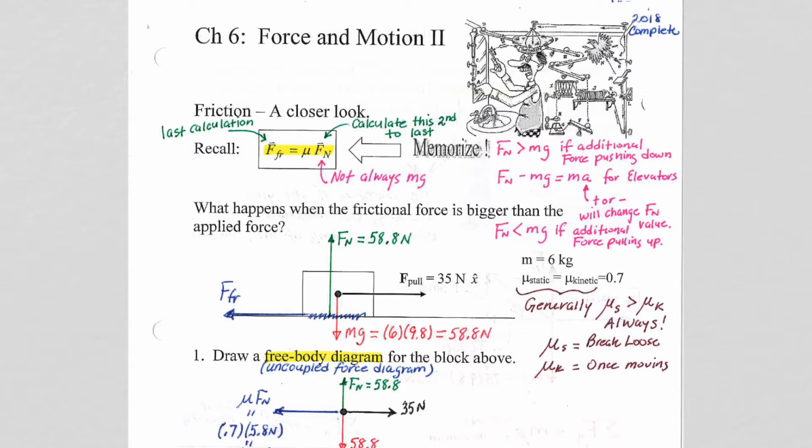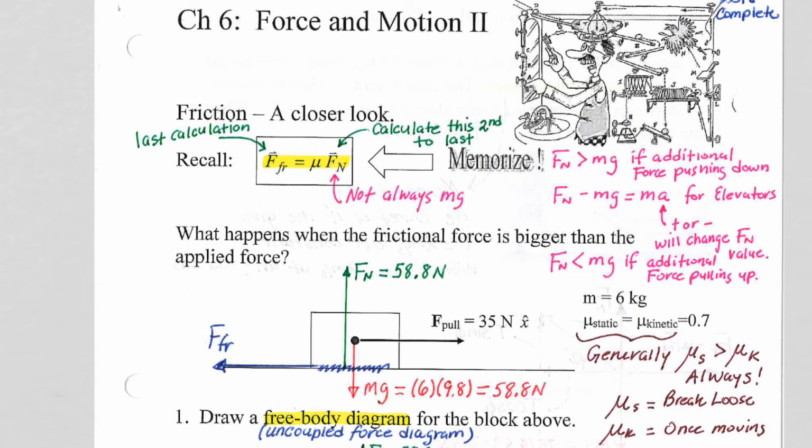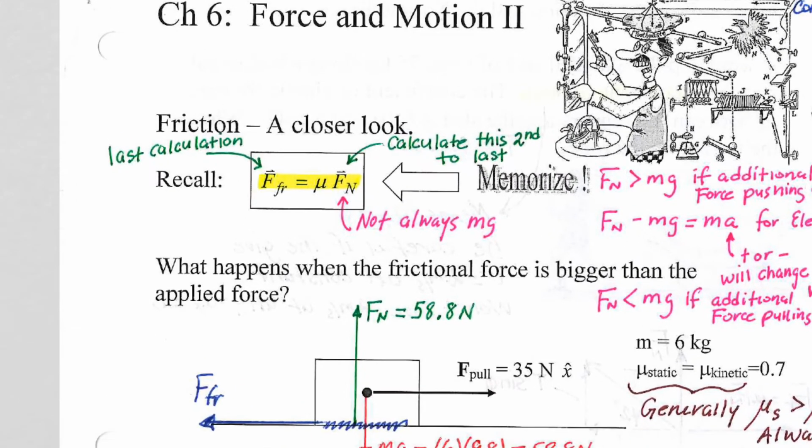So the first thing we're going to revisit now is the frictional force. The first thing you absolutely need to do is not rely on an equation sheet or anything other than your knowledge of friction to know that the frictional force, by definition, is given by the coefficient of friction, the Greek letter mu, times the force normal.